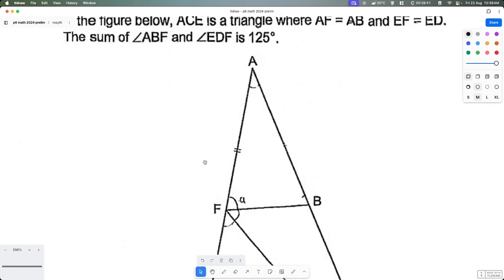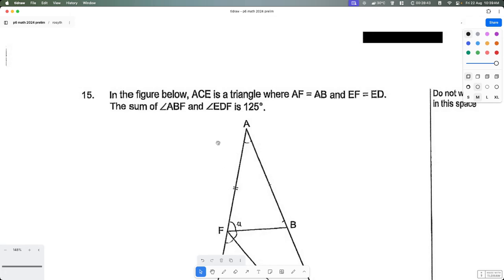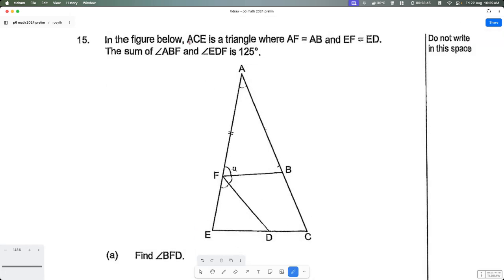Question 15. In the figure below, ACE is a triangle where AF is equal to AB, so AF and AB like this. Then EF is equal to ED, so let me put here, EF is equal to ED.